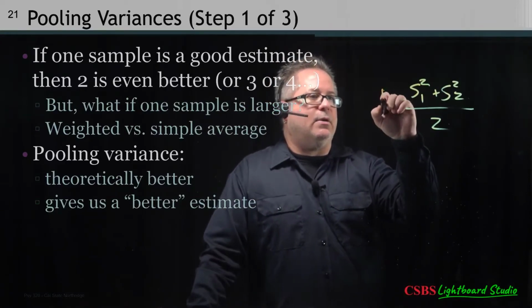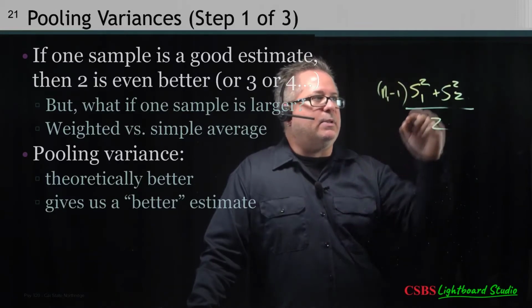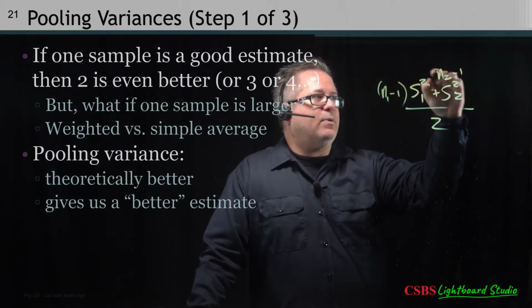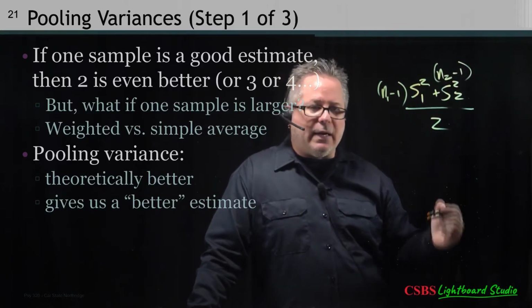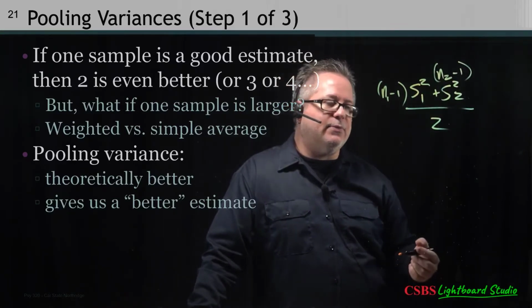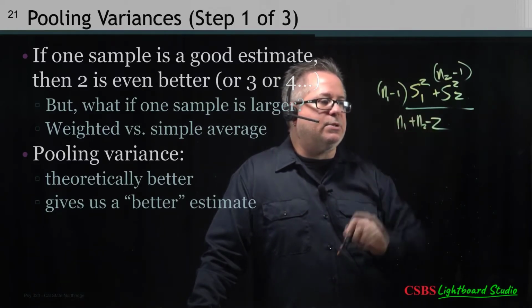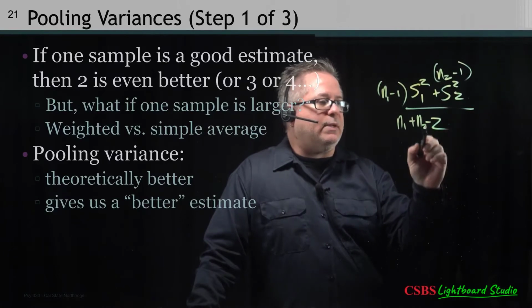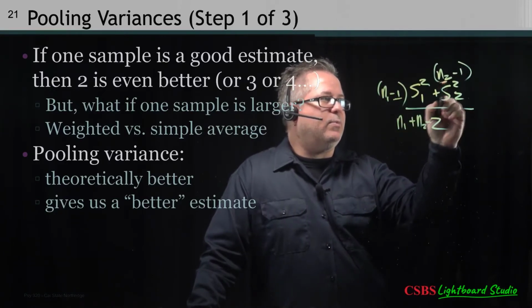We're going to take n1 minus 1 and multiply that by its variance. I'm going to take n2 minus 1 and multiply it by its variance. And then I'm going to divide by a common degrees of freedom, which is going to be n1 plus n2 minus 2. The reason I'm subtracting 2 here is because I have n1 minus 1 there and n2 minus 1 there.